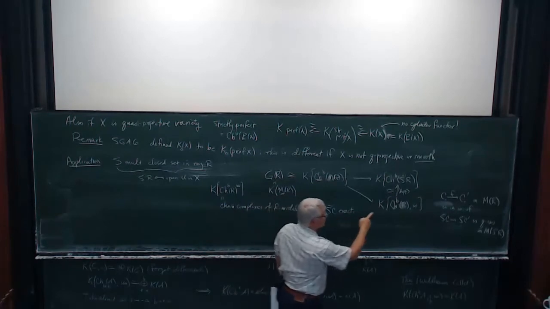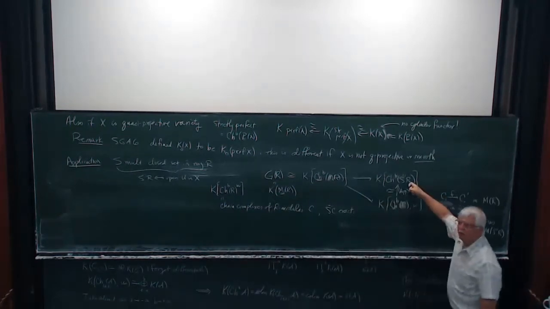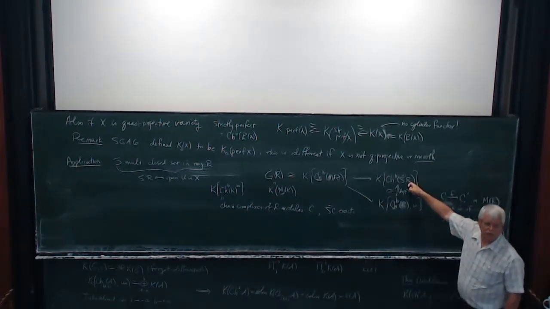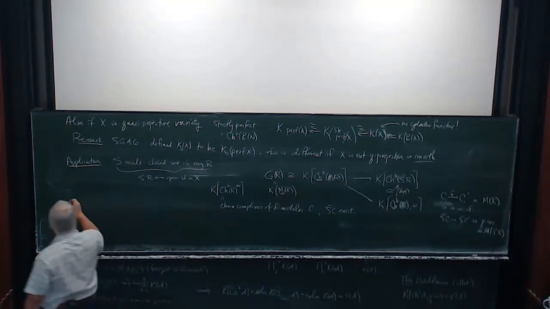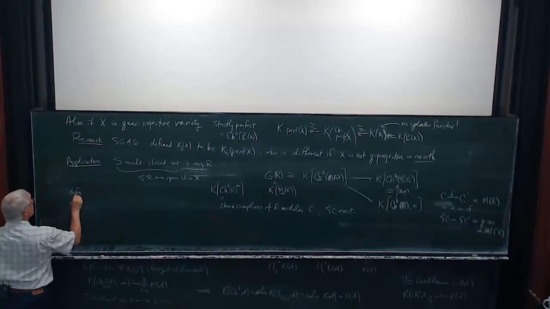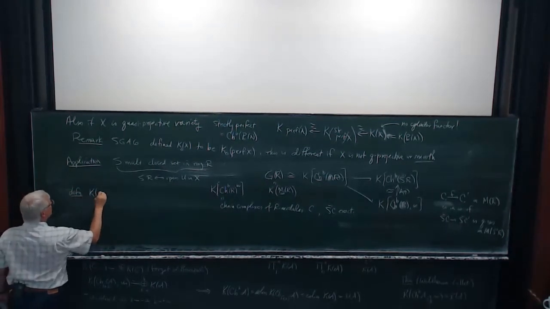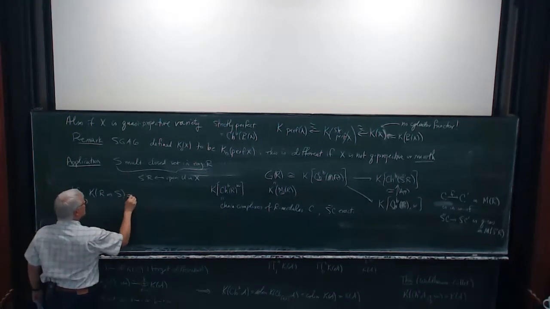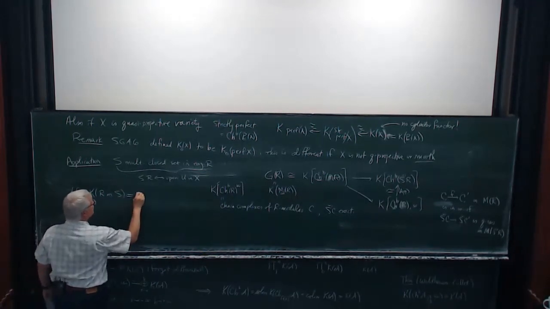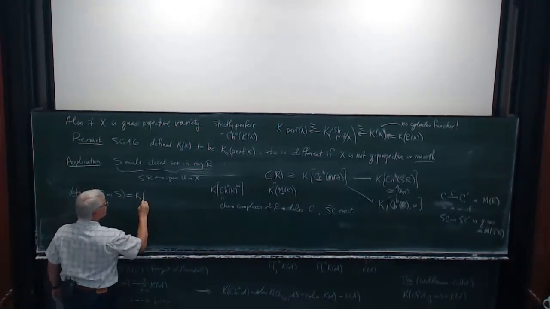S inverse C is quasi-isomorphic to 0 when I go up to here, which means that S inverse of C is an exact complex. So the definition is: the K-theory of R on S is the K-theory of this complex.